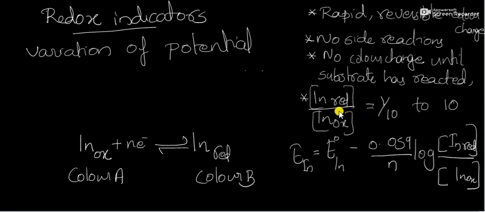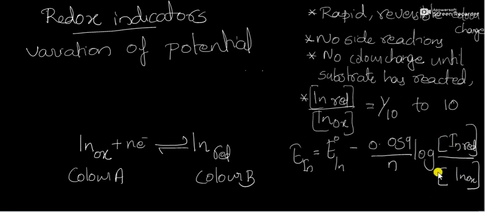That is, color change requires a change in ratio of concentration between reduced form and oxidized form. That ratio is from 1 by 10 to 10. By applying these values in this equation, that is log concentration of reduced form of indicator divided by oxidized form of indicator, here we can substitute 1 by 10.